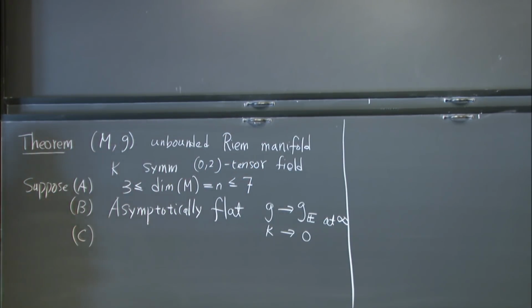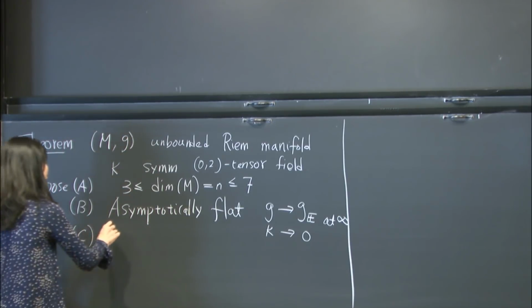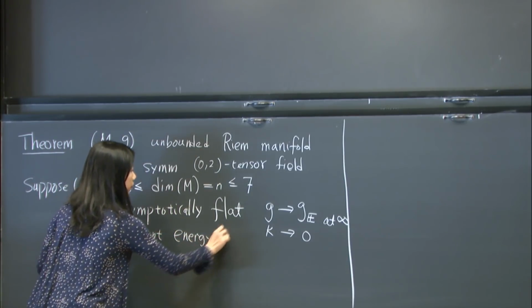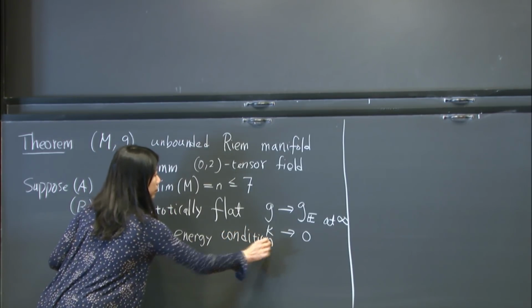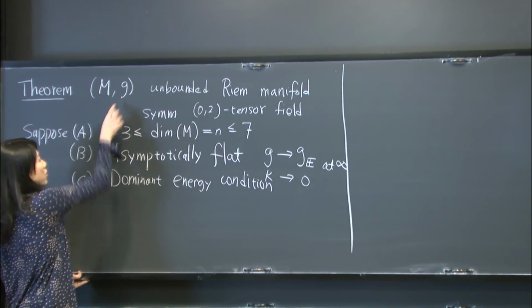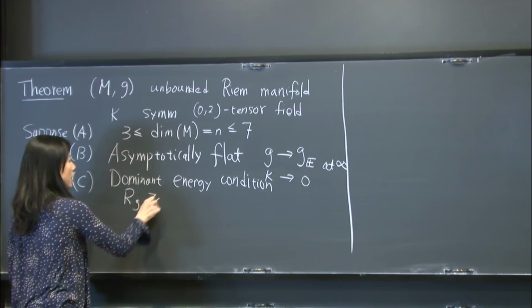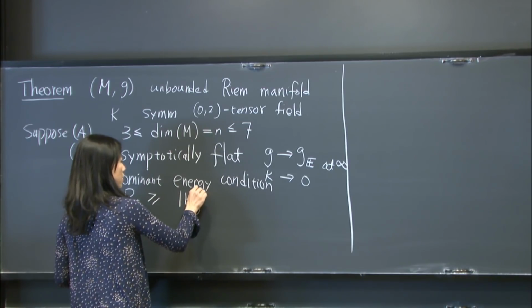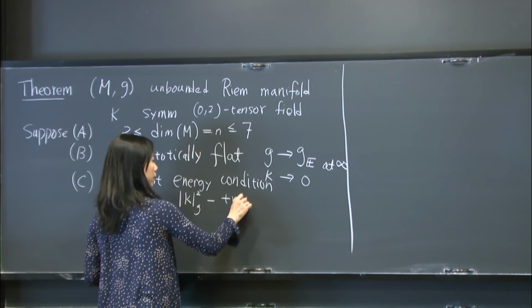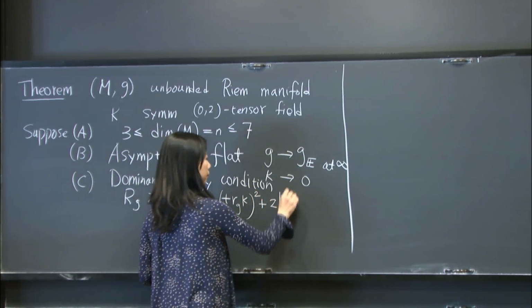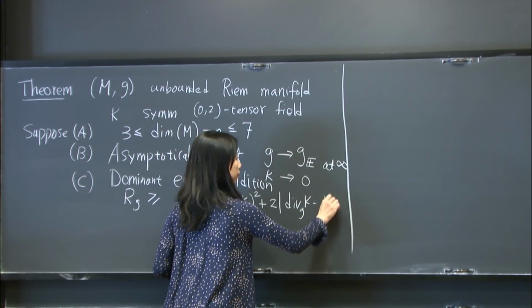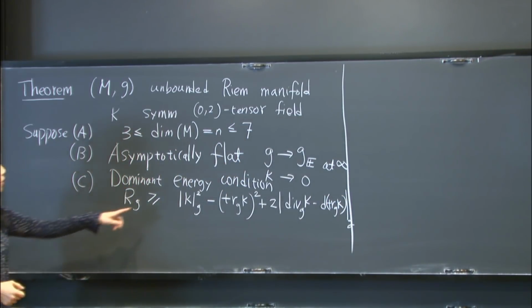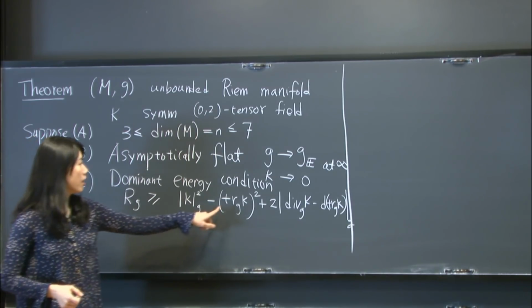And then we have a sort of curvature assumption. So we'll require the so-called dominant energy condition, which says the scalar curvature of g is bounded below by some function defined in terms of g and K. Right, so this term is the norm of these two tensors, and that's the trace squared.